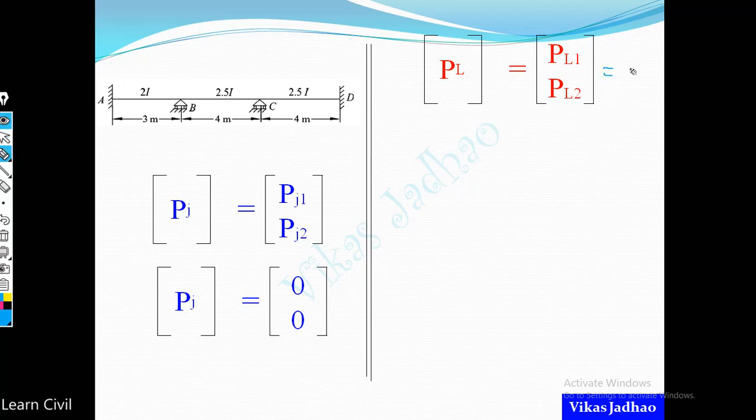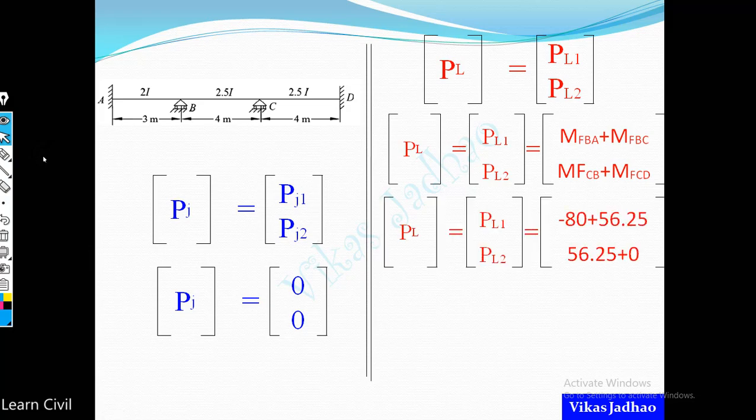So for PL1 we will have the summation of fixed end moments at coordinate number 1 or at joint B. Here we have BA and BC, so it will be MFBA plus MFBC, and PL2 is the sum of fixed end moments of all the members meeting at coordinate number 2 or at joint C. So it will be MFCB plus MFCD. This is how the PL matrix is prepared.